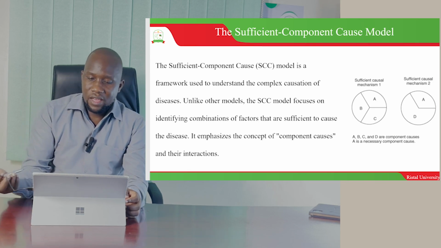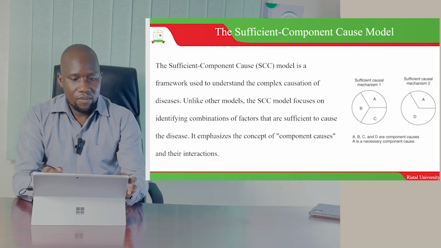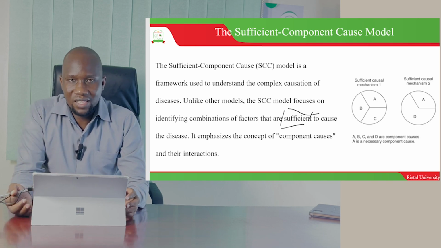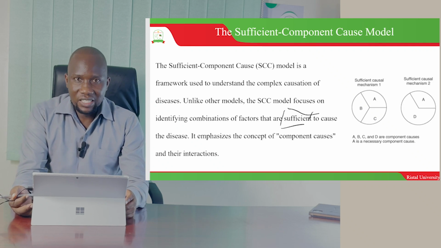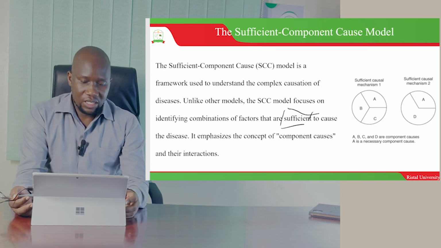But the key word here is sufficient. Okay? That means that you can have certain factors that can contribute to a disease, but the disease may not really happen. Perhaps these factors are not sufficient to cause the disease.